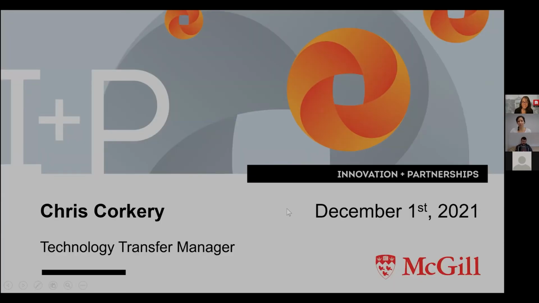So as Sarah said, I'm a technology transfer manager, and the main thing that I do is help push inventions that have happened at McGill, whatever sort of IP it is, out to use in society. Part of the mandate of any public research institution is to ensure that the research that is discovered and developed at that institution is available for use in the world and in the country that pays for that research.